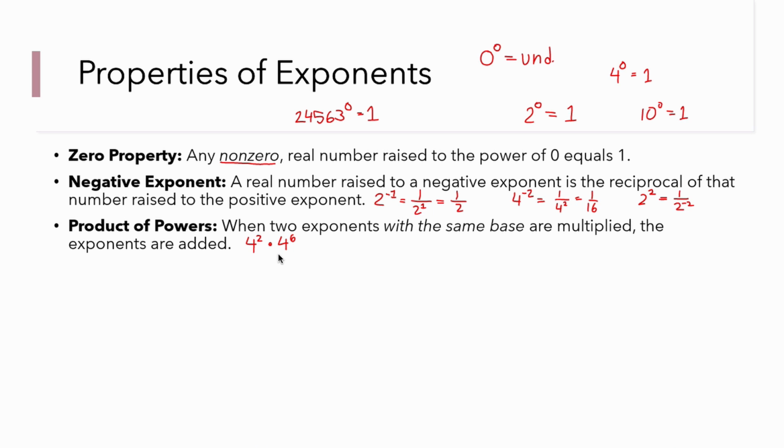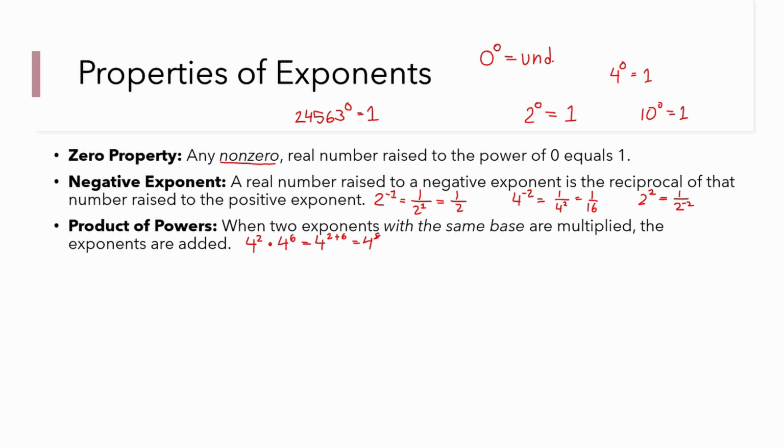If they don't have the same base, you can't use this property. And because they have the same base, we can add the two exponents. So this will equal 4 to the power of 2 plus 6, that whole exponent, which is equal to 4 to the power of 8.